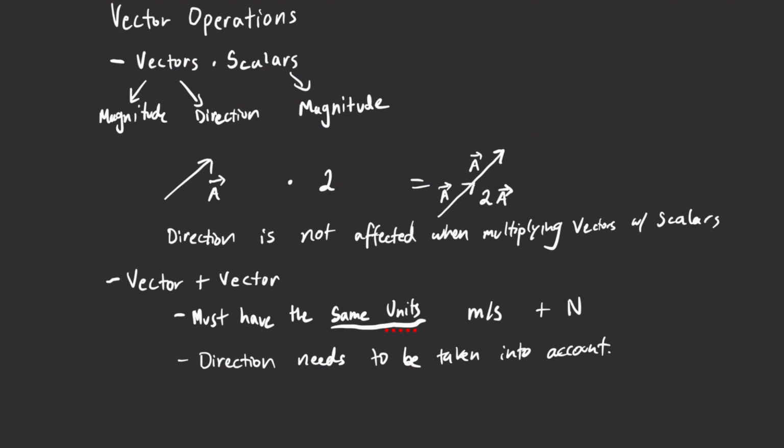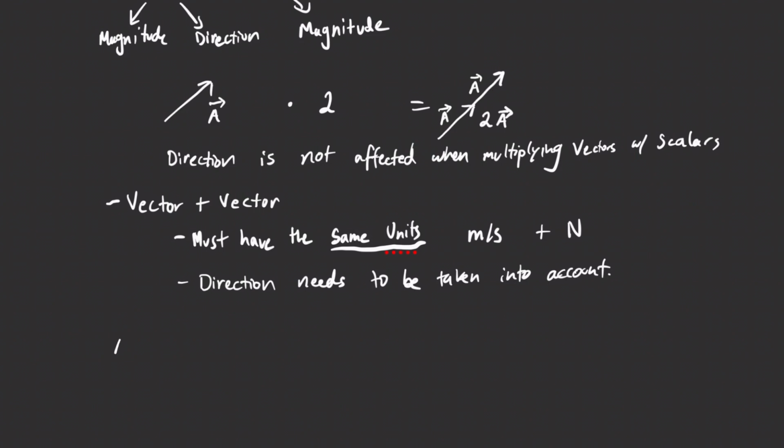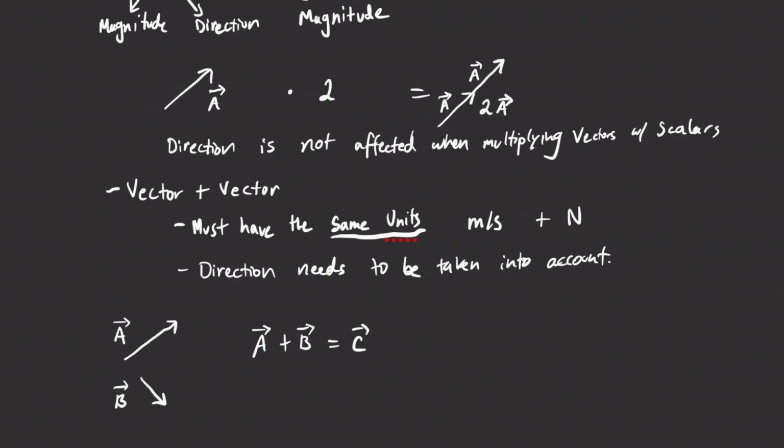So for example, if we had vector A that looks like this, and we had vector B that looks like this, and we wanted to add vector A plus vector B to get a resulting vector, vector C. Well, the easiest way to understand how to do this is to visually add the vectors.